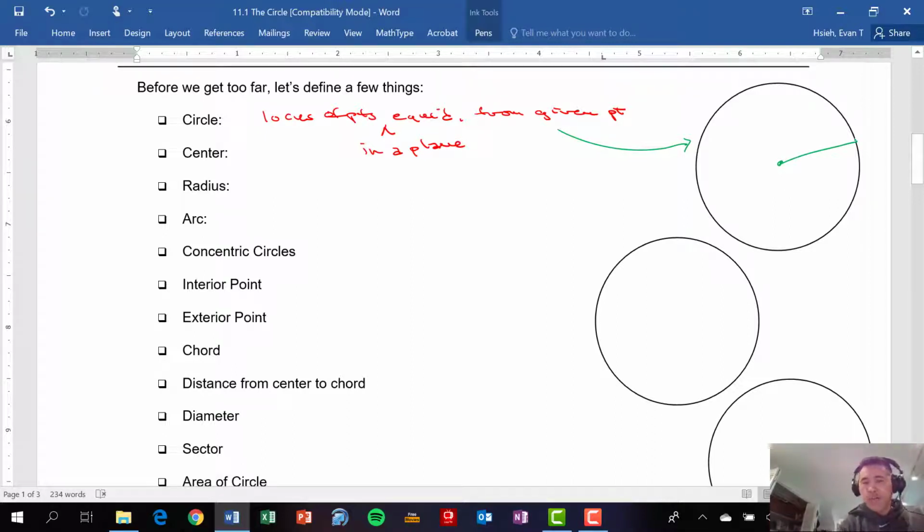An arc is basically, if I have 2 points on the circle, then this right here, joining those 2 points on the circle, is an arc of a circle. Concentric circles are circles that share the same center.